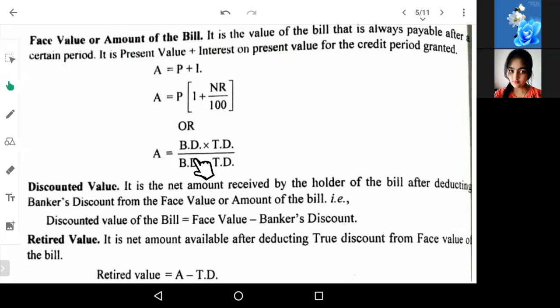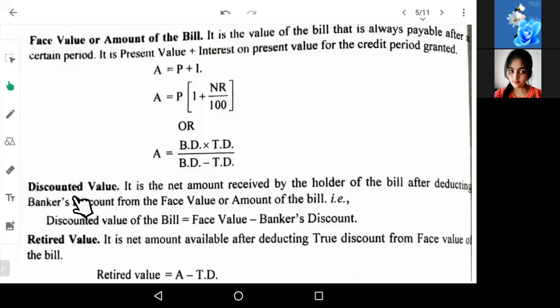Or there is one more formula. If at all they have given you banker's discount and true discount, then you can use this formula. That is banker's discount into true discount divided by banker's discount minus true discount. So these are the formulas. Here you just have to remember the formulas and solve the problem.